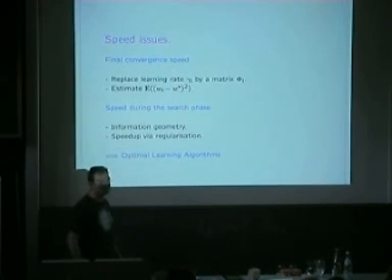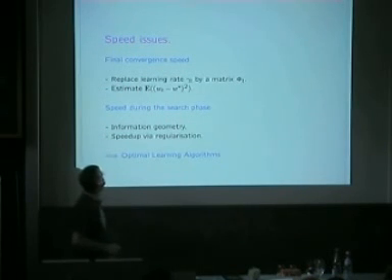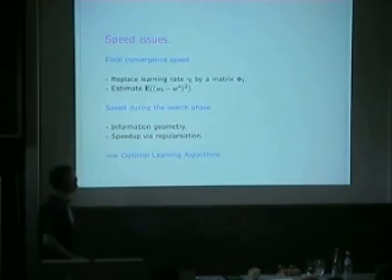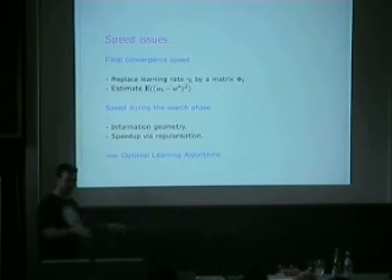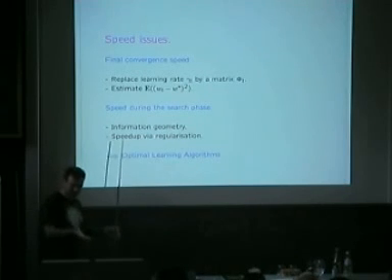You notice that I didn't say anything about the speed right now. To discuss the speed, there are two things to discuss. First is what's happening at the end. You know, when I'm at the end of the convergence, I'm in a local pattern, and have a good chance to stay here.